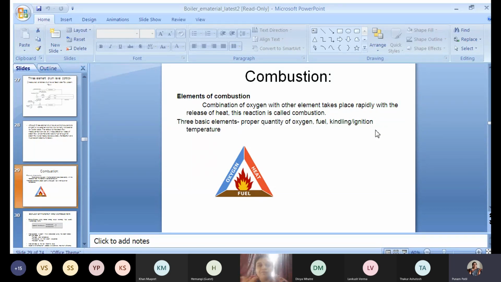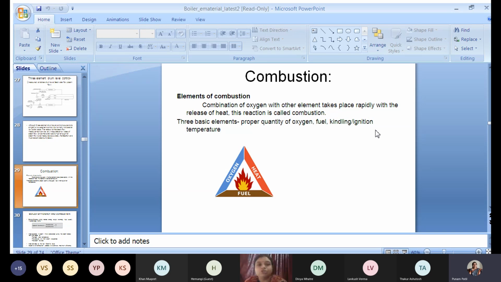So even if the fuel is available and oxygen is available, you will not see the flame unless it gets the ignition temperature. So we are using a lighter, and what is done? The spark is produced, that is, the ignition temperature is created so that you can see the flame over there.